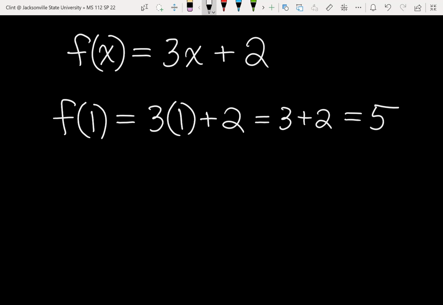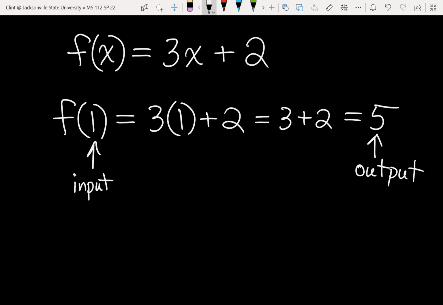Okay. So our input is 1. Our output, 5. And what we're doing by saying that this is a function, if we go back to our definition, is saying that when we use 1 as our input, there's only one possible output that we can get.